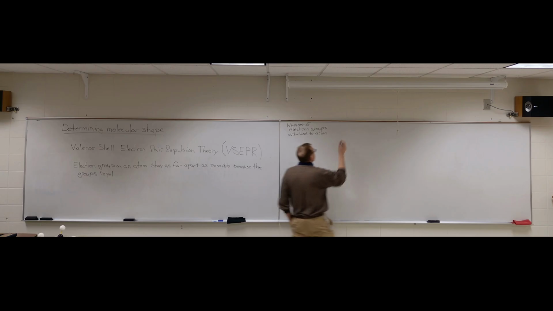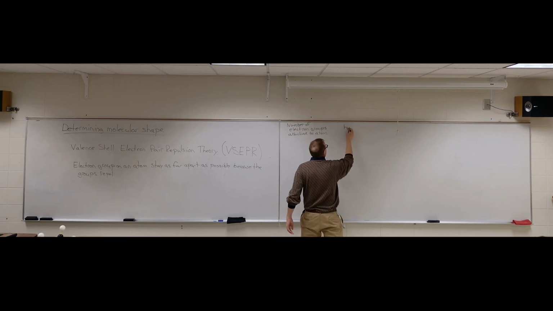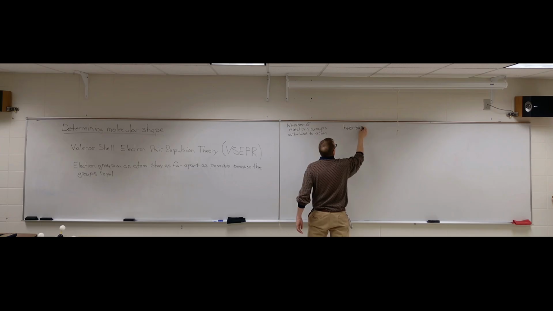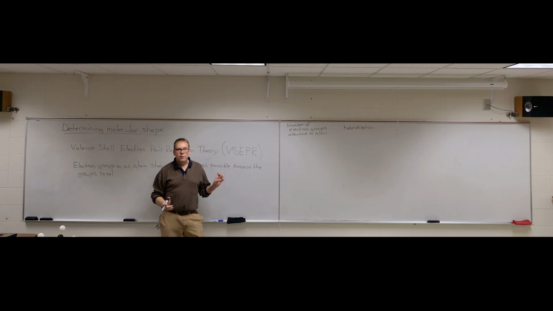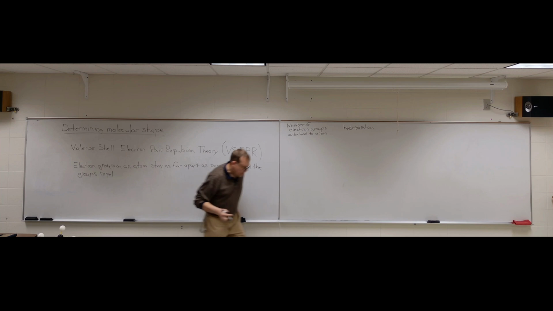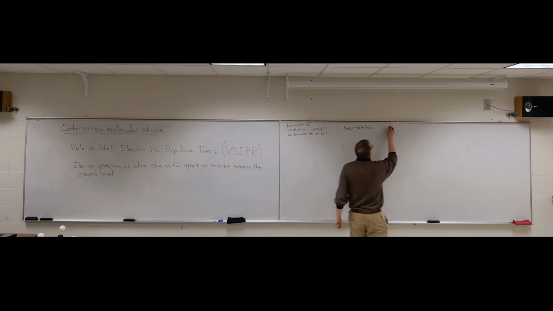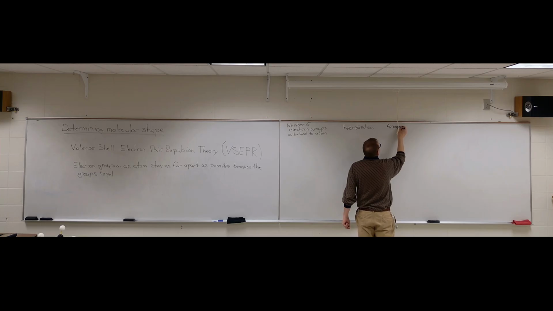Then I'm going to have hybridization, which is going to be explained in a lot of detail later, but it's about what orbitals are going to get put together to make that shape. Then we're going to have arrangement of electron groups.